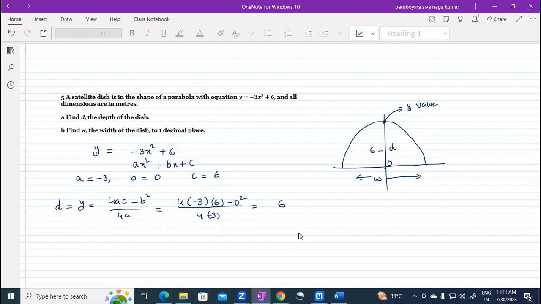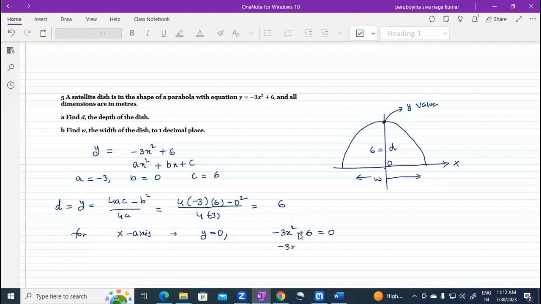Okay, now for the width W, we will do one thing. According to our assumption, this is now the x-axis. For the x-axis, what will we do? Y equal to 0. Y equal to 0 means minus 3x square plus 6 equals 0.